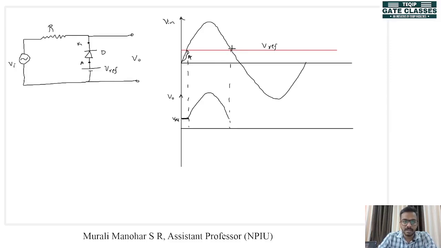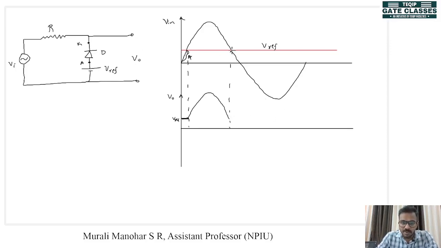Now again, at this point, what happens? Cathode voltage becomes less than anode voltage, and diode is again short circuited, and what will be the output? Output will be equal to Vref. Whenever the diode is turned on, output will be equal to Vref.